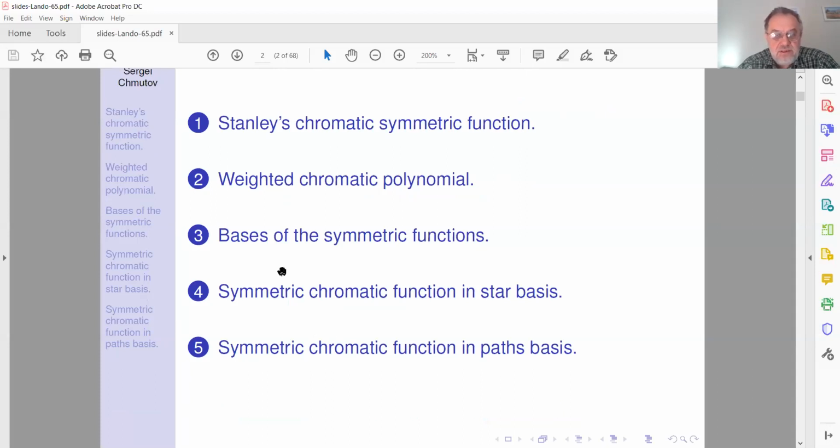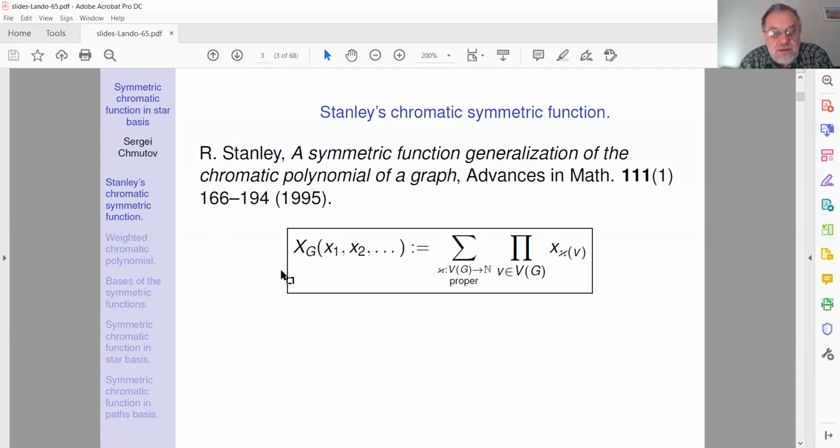Okay, so let's start. Stanley introduced the chromatic symmetric function of a graph in 1995, and that was the definition. It is a sum over all colorings of vertices by natural numbers. There are infinitely many variables here corresponding to the natural numbers.